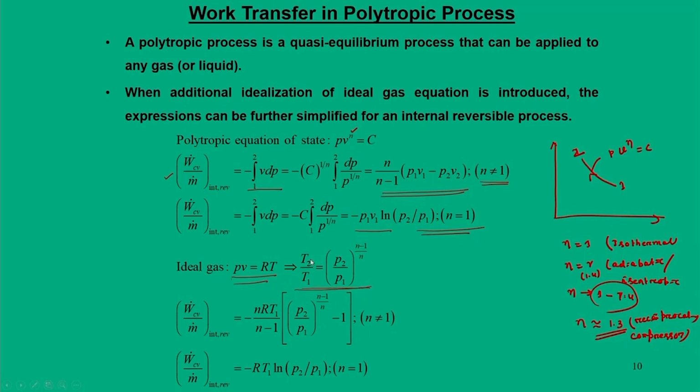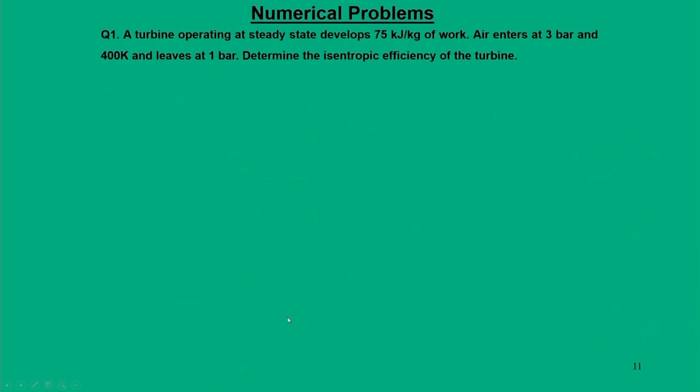You can have an equation like T2 by T1 is equal to (P2 by P1) to the power (n minus 1) by n. Based on these, the work transfer equations are further modified in this form. Basically, we are replacing the specific volume in terms of temperature.